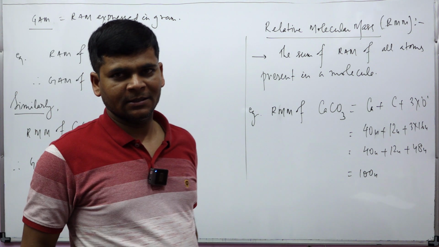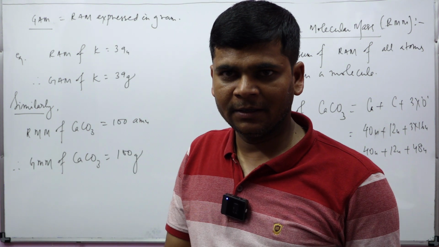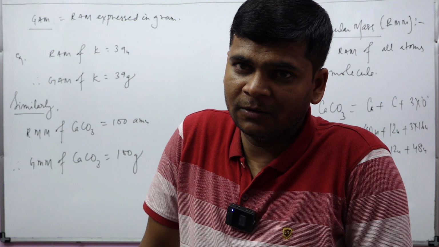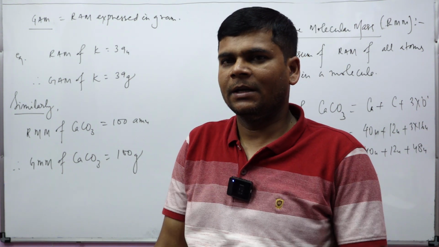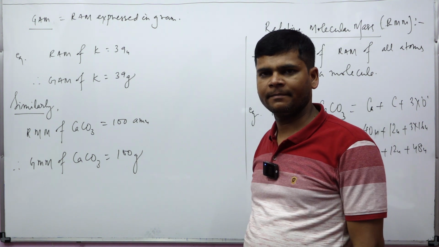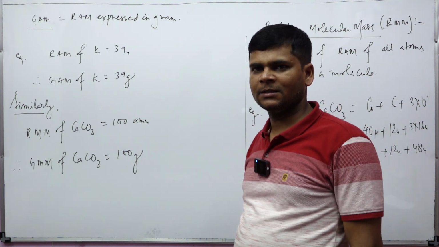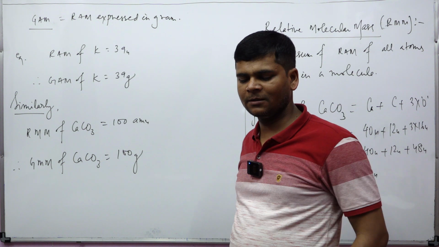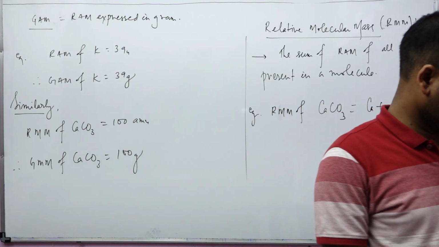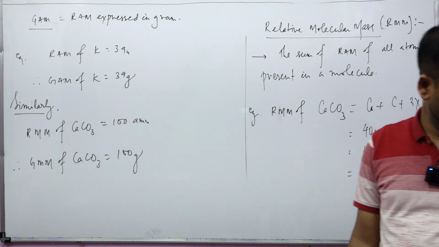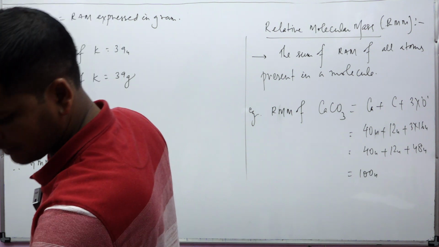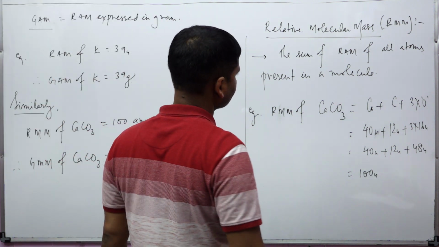In practical sense, if you try to weigh, you may not get 100 gram. A molecule of calcium carbonate will never weigh 100 gram, but it is just used to express in terms of gram. This is what you have to remember. We have 2 more small topics which we will be discussing from this language of chemistry, chapter 1.